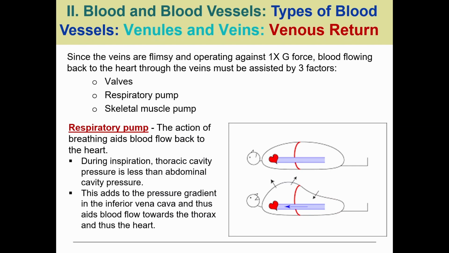When the pressure in your thoracic cavity goes down, like when you breathe in, your blood will be kind of pulled upward. And when you exhale, the pressure increases again. So every time we breathe in, the pressure drops and draws blood up from the abdominal cavity into the thoracic cavity. That basically keeps blood flowing forward, back towards the heart.